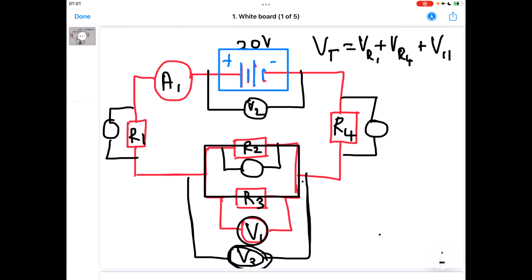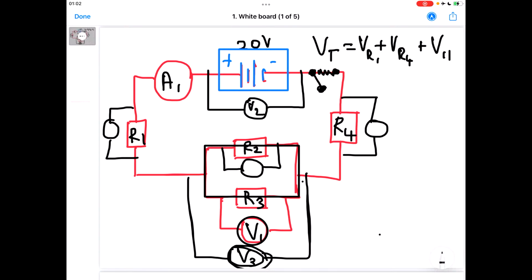So ladies and gentlemen, it is that stage where I am now about to sign out, but I feel like explaining this last part regarding the EMF and the V. So if you guys remember, we have a switch. Let's say now the switch is open.